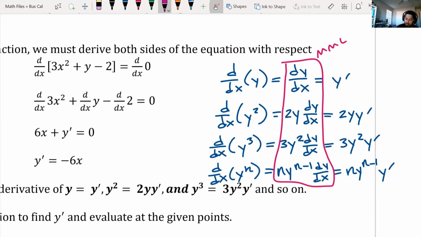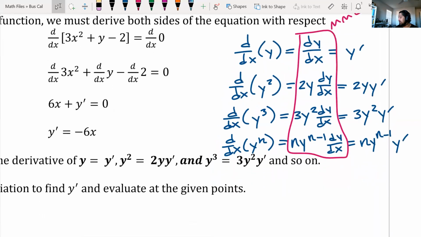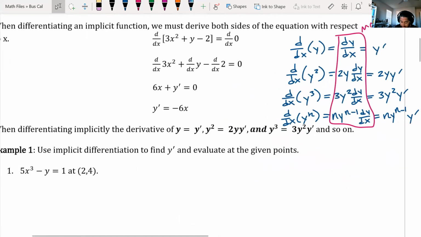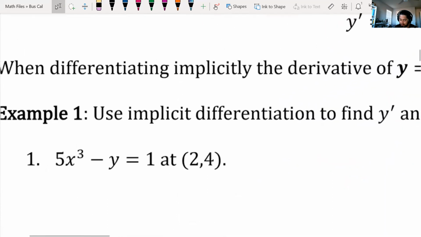I had it down below as well: the implicit derivative of y is y prime, the implicit derivative of y squared is 2y y prime, and the implicit derivative of y cubed is 3y squared y prime, and so on. So just reference that little legend or key when we move on with our derivatives, and it'll be a lot easier to look at. Okay, so let's go ahead and get started.